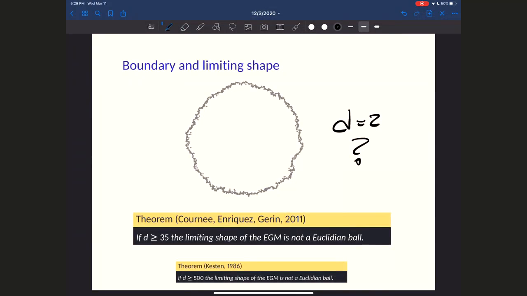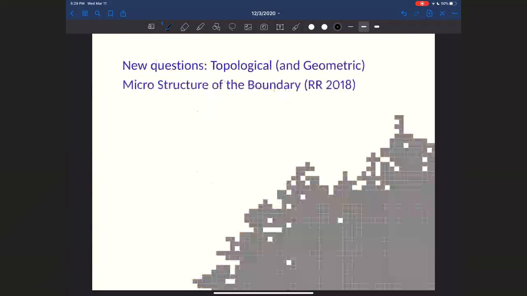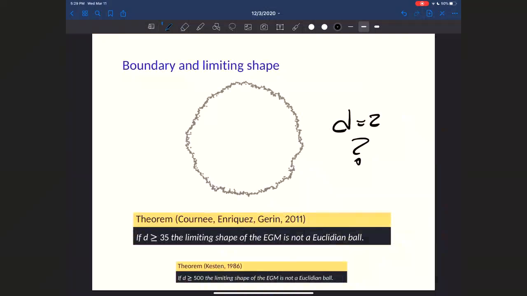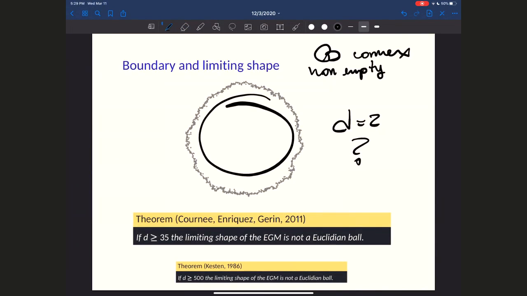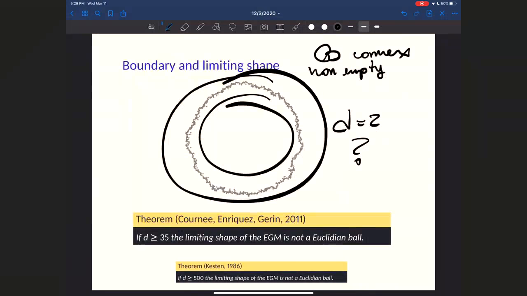So let me formalize what we mean by the limiting shape. The limiting shape is going to be a set B that is convex and non-empty, and such that you can place a scaled copy of B inside of the structure and another outside of the structure, in such a way that the shape is totally contained in the outer one and completely fills the one that you place in the interior.